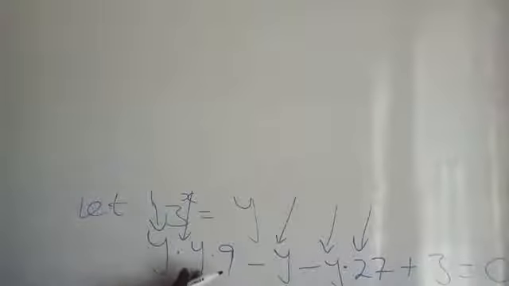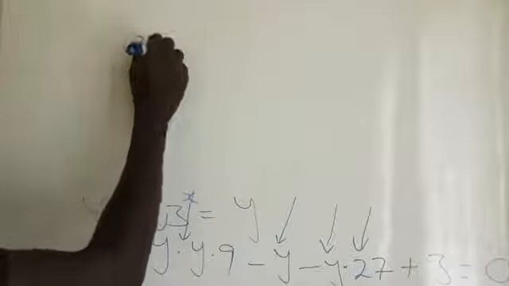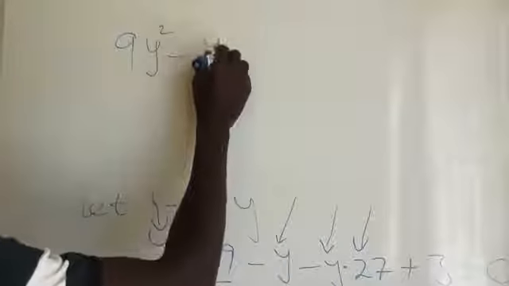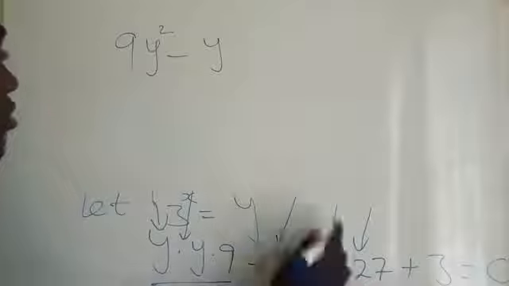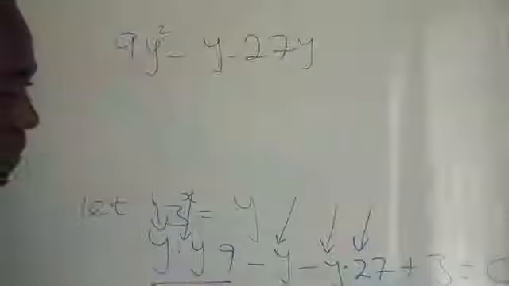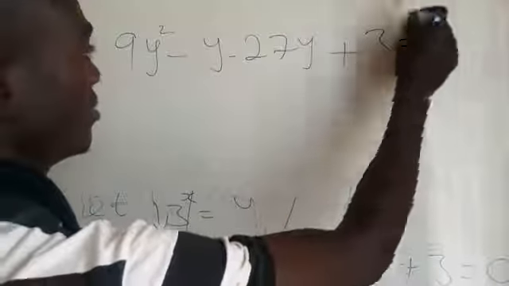Y times y is y squared times 9. That becomes 9y squared. So I've solved that one. Y times y is y squared times 9y squared minus y, as you can see, minus 27 times y, minus 27y plus 3 is equivalent to 0.